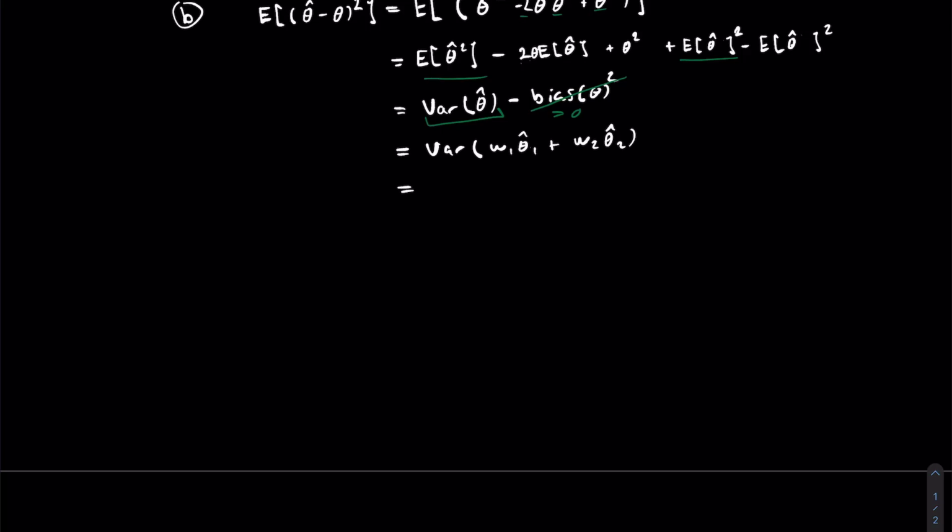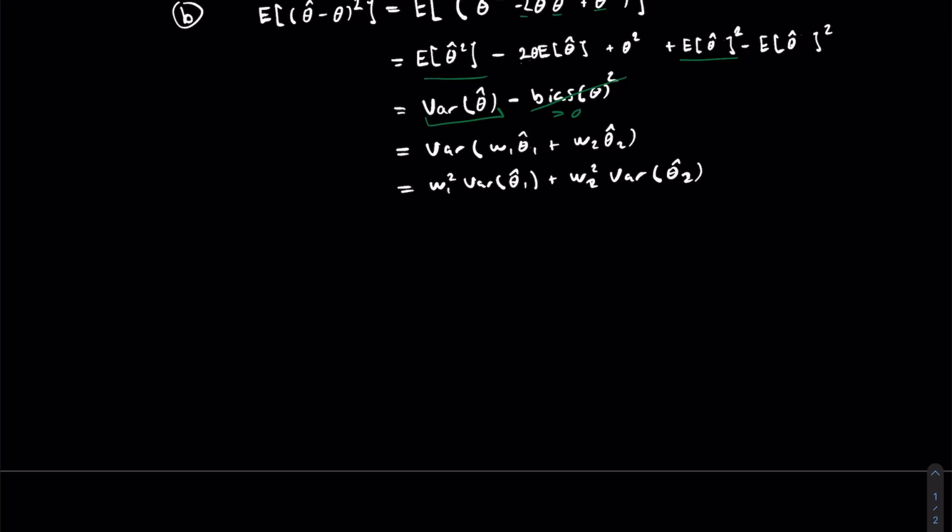And then because these two terms are independent, we can pull them apart without adding a covariance term, because that will be 0, and pull out a constant, and that constant is W1 squared variance of theta 1 plus W2 squared variance of theta 2, like so.